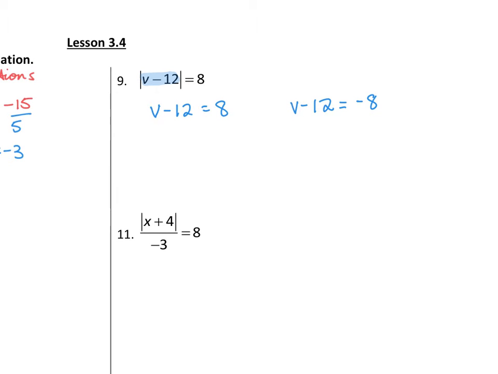If I add 12 to both sides here, this might be something you can do in your head, I get v equals 20. Here I add 12, add 12, the 12s cancel, and I get 4. So the solution set is 4, 20.